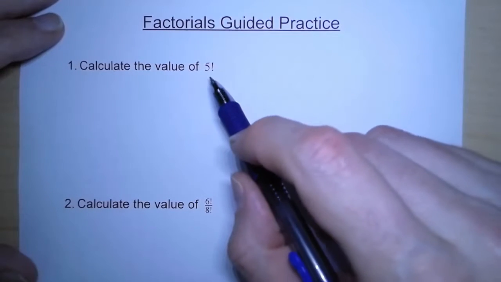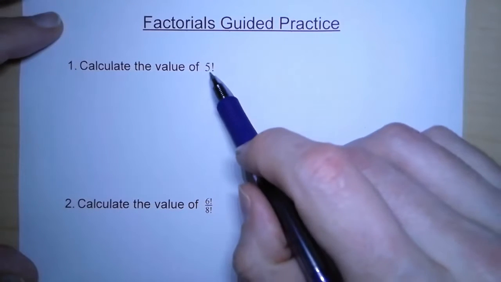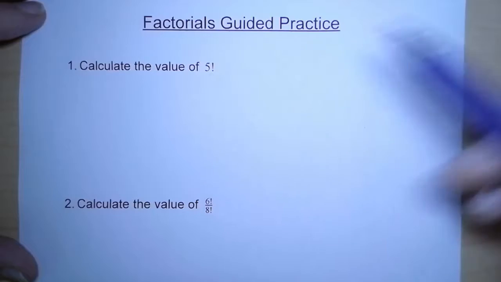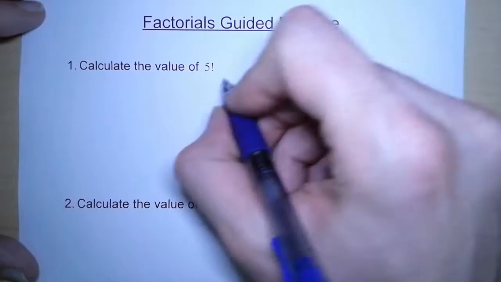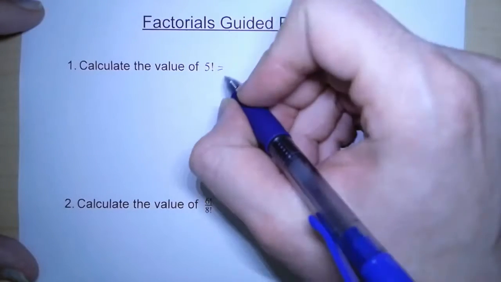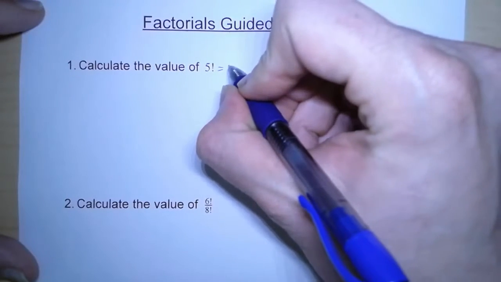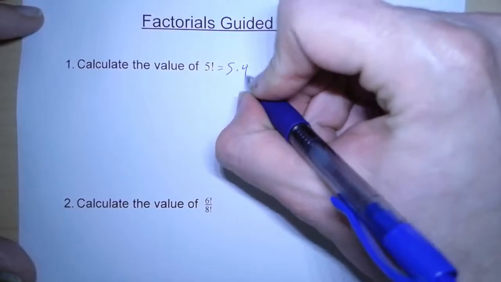Now what factorials mean is this is a shorthand for when we're picking 5 items and asking how many ways can we reorder it. So if we have 5 items and we want to put them in order, well, the first object we can pull from, we have 5 to choose from. But the next one to choose from, we've already picked one, so that means we have 4 left.